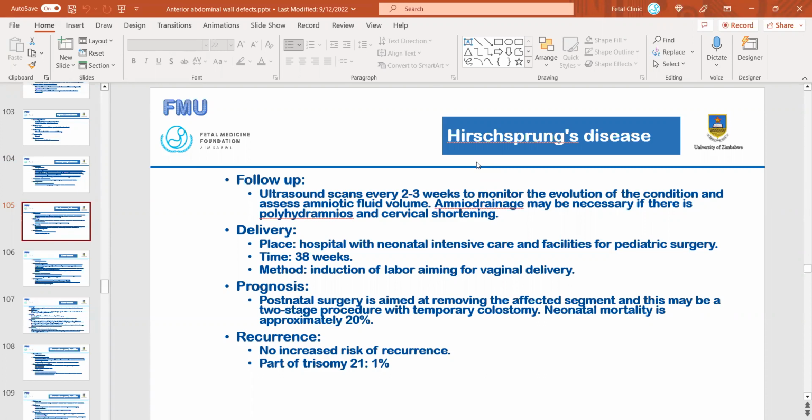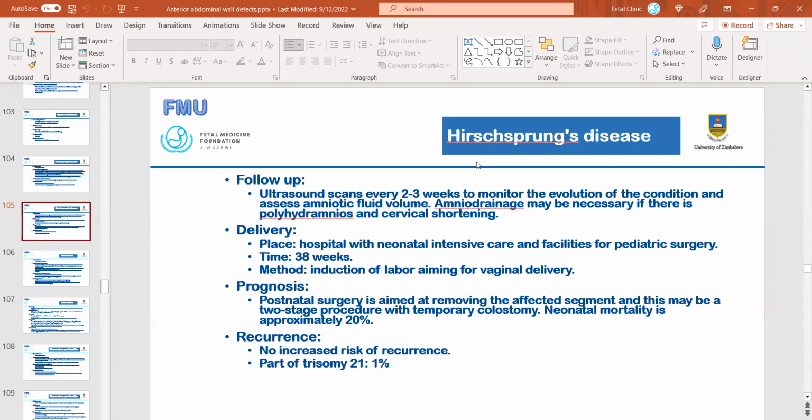Delivery should be in a hospital with intensive care and facilities for pediatric surgery. So note this, that a number of fetal defects have to be delivered in the right hospital, where we know that surgery is required. Then timing again, 38 weeks, and the method is induction aiming for vaginal delivery.